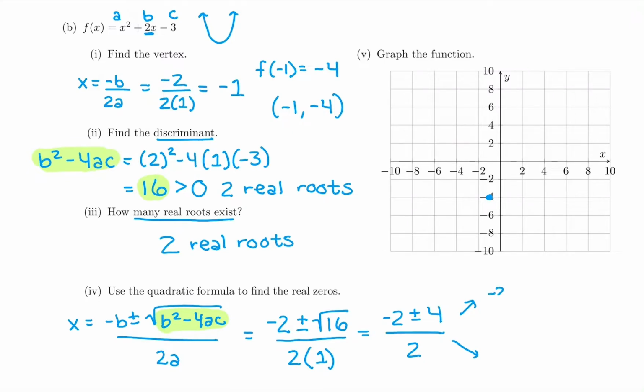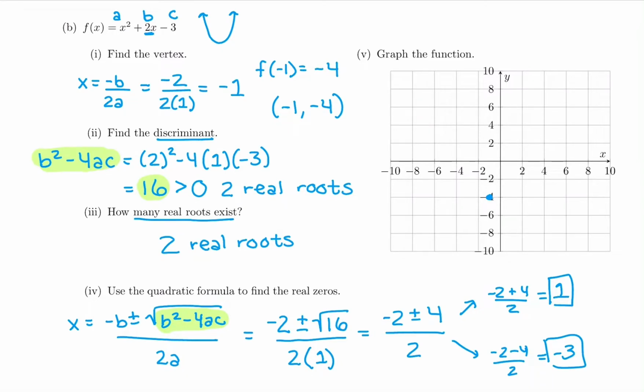So we're going to get 2 answers, one when we add and one when we subtract. So I'm going to do negative 2 plus 4 divided by 2. So 2 divided by 2 is going to be 1. There's one of my roots. And then the other one, negative 2 minus 4, will give me negative 6 divided by 2, which is negative 3. So the 2 x values where I touch the graph at the y is 0 mark.